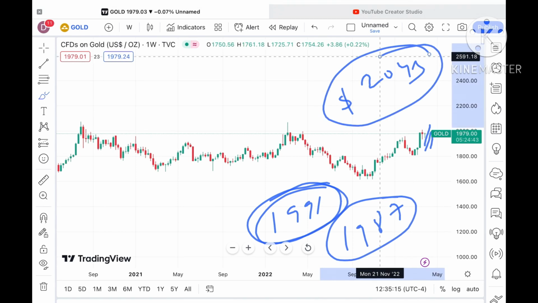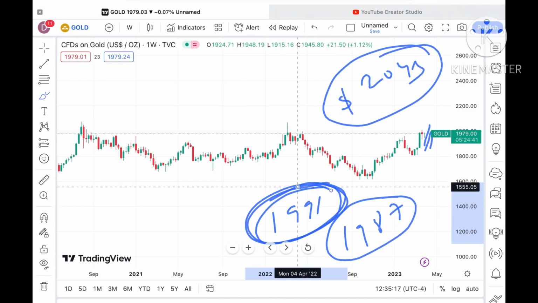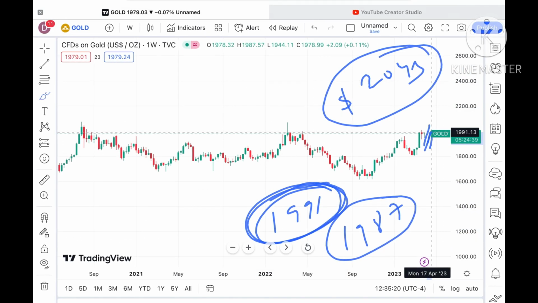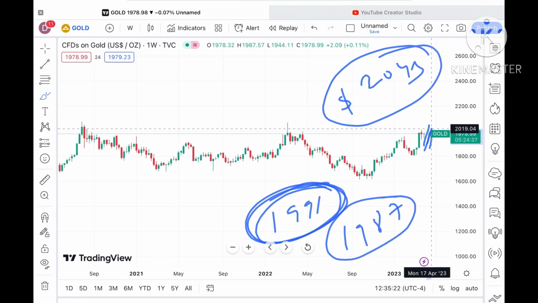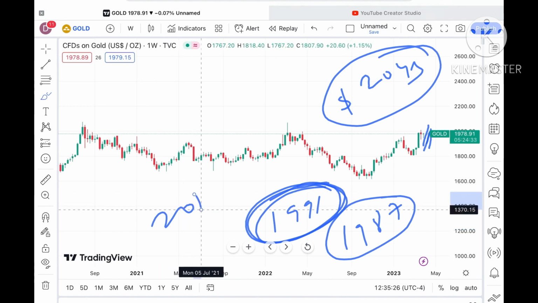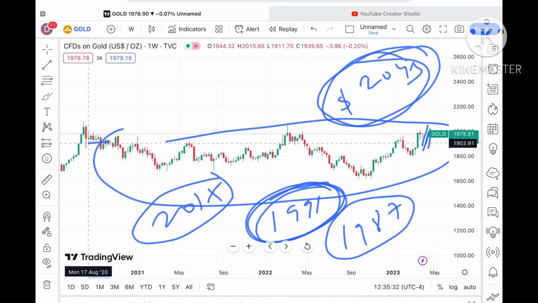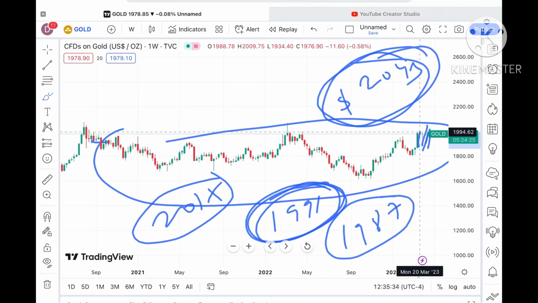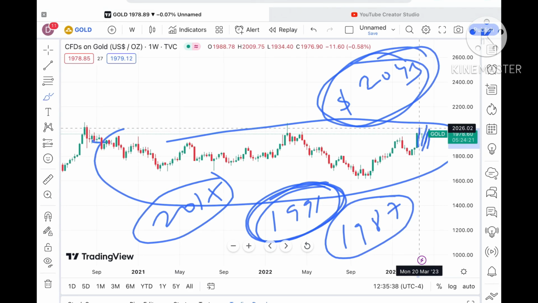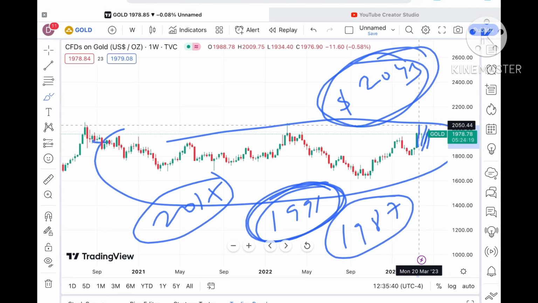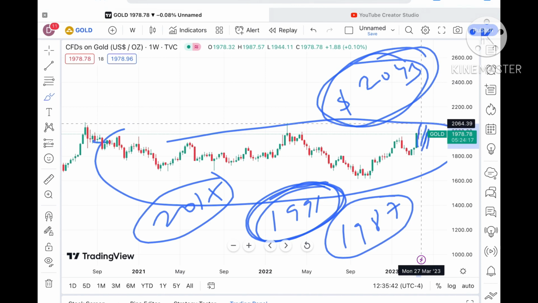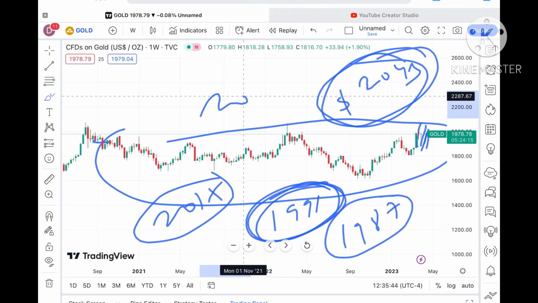Once it sustains the $2043 level, chances of touching higher are there. Then it can touch a level of around $2015, because once this level sustains, chances of touching 2043 are there. This is a level we have not seen in a long time, so once it sustains above 2015, it can cross that zone, chances are very high of touching 2043, and from there it can touch a level of 2074.